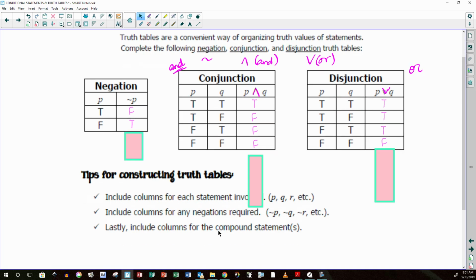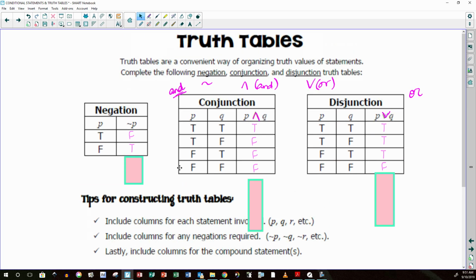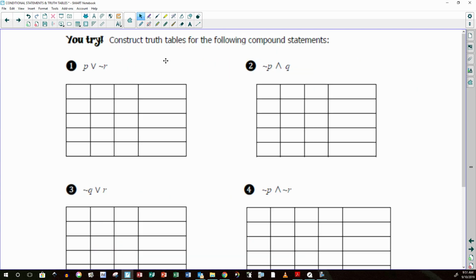So what we're going to do is I'm just going to do a couple with you on here, and then we'll do more together in class. All right. So what we're going to do is we're going to construct the table. So what you do is every part of your statement has to have, like, there's a P. Since there is a not R, we need an R, and then we need the not R. The last column will always be what you're trying to state.